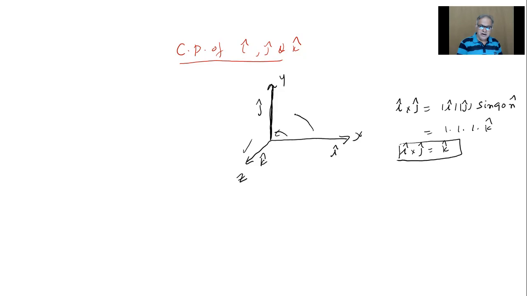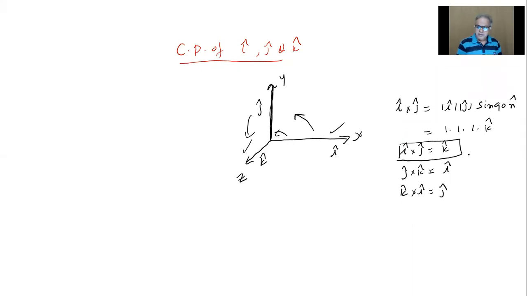Similarly, if you can remember like this, if I go from i to j, I'll get the third one. j to k, if I go, I'll get i. Hope you followed. k to i, if I go, what do I get? j. But reverse the order, you get a minus sign because it's not commutative.